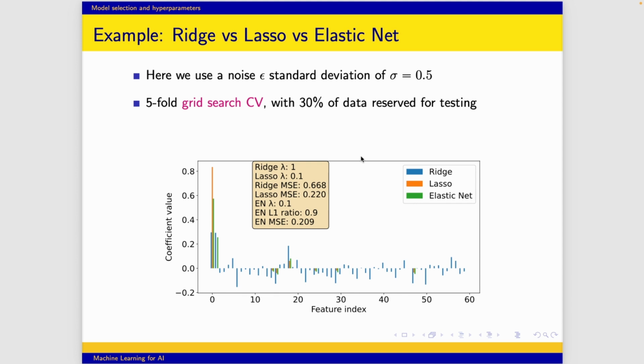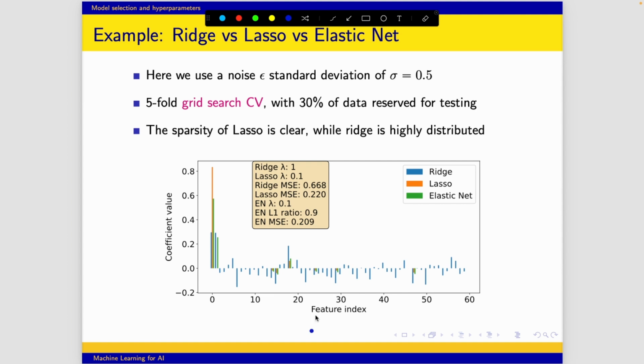Okay, so what happens? Now let's have a look at the results. Along here, we've got the feature index, and along here we're looking at theta j, where this feature index is this j here. This is the coefficient value, theta j, with each of these ridge, lasso, and elastic net solutions.